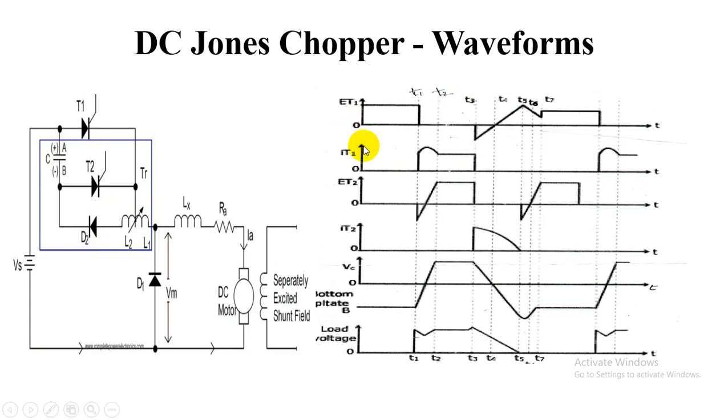When we see the entire thing in the waveforms also, this is the voltage across T1. We are not triggering thyristor T1, that's why it acts as an open circuit. Then we get the voltage across the thyristor the same as the supply voltage, and we do not have any voltage across the load because thyristor T1 is open.